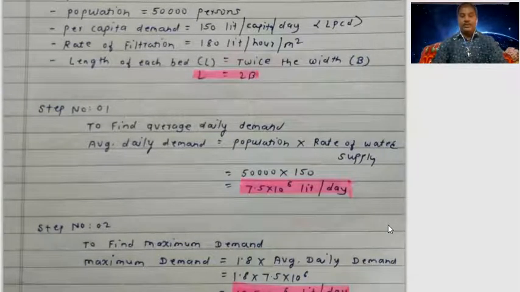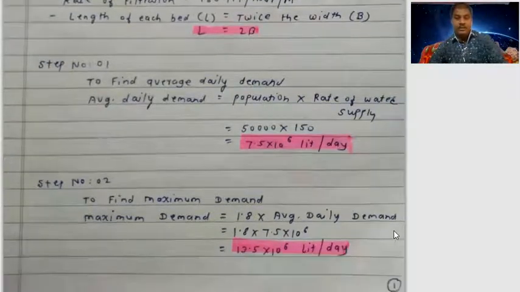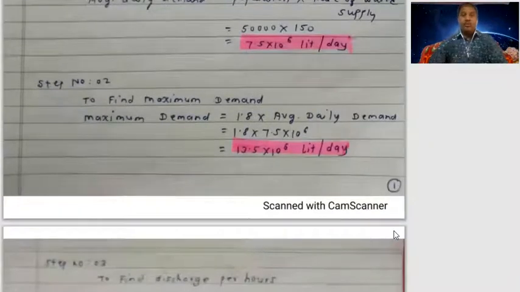By solving it, we get average daily demand equal to 7.5 into 10 to the 6 liters per day. Here, you have to take care of the units. What are the units given and what unit we take for solving the problem? It is very important.